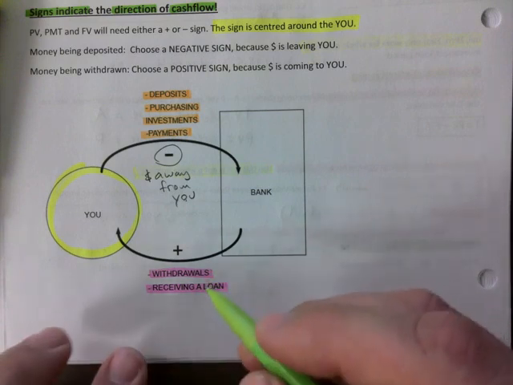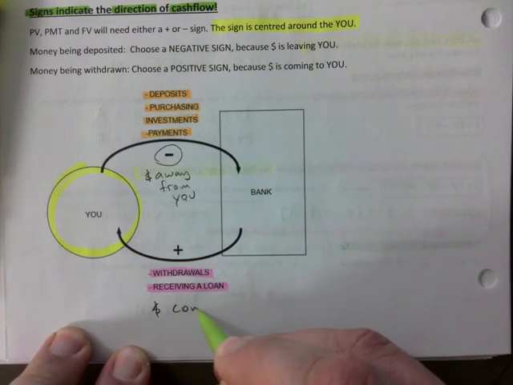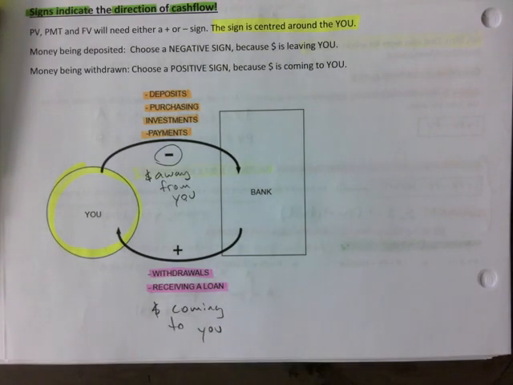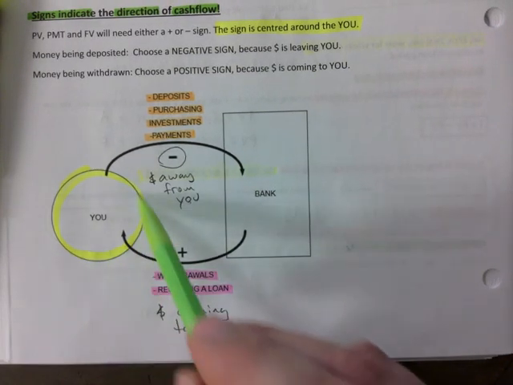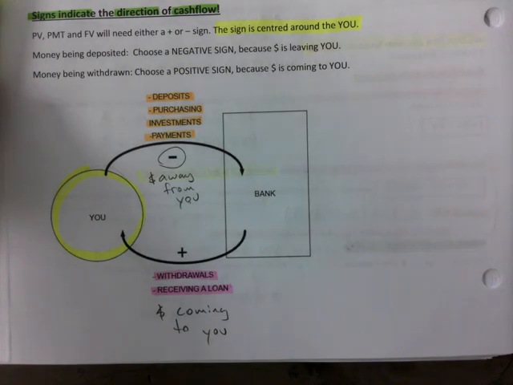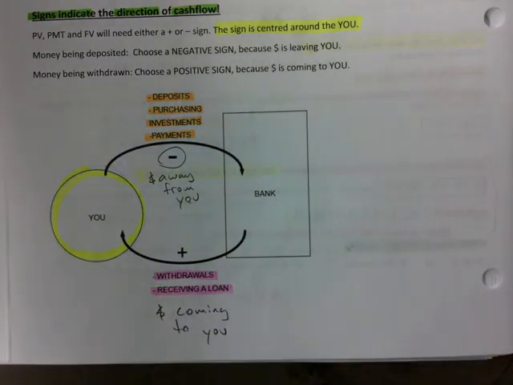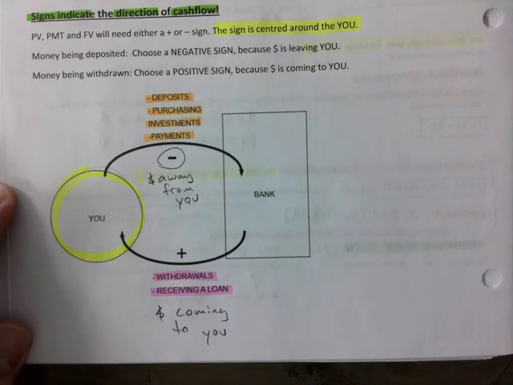So keep that in mind: money coming to you. Think about where the money is going. Is it going away from you, or are you getting it from the bank? I would say center it on you. Just be selfish on this one. All about me, and then you'll get that part right.